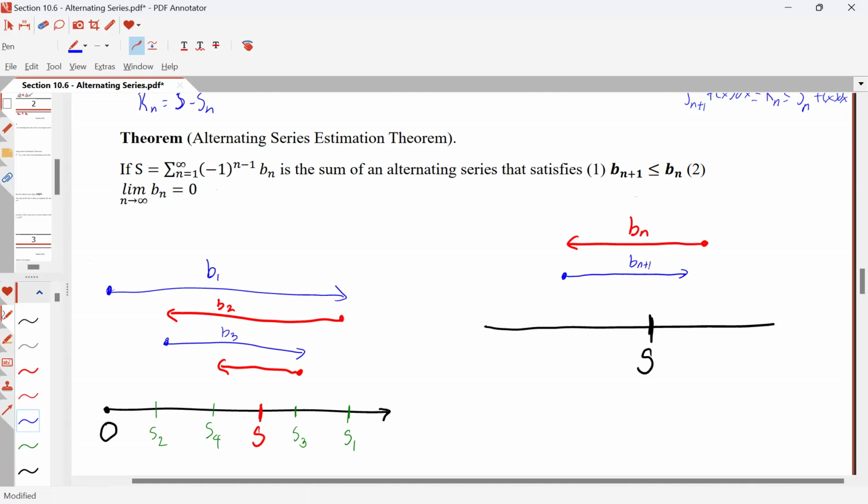And it's going to go past the sum, but right here would be that nth partial sum, right? If we're following the pattern of this, the end of the arrow represents that nth partial sum. So this is the nth partial sum, and here would be the n plus 1 partial sum.